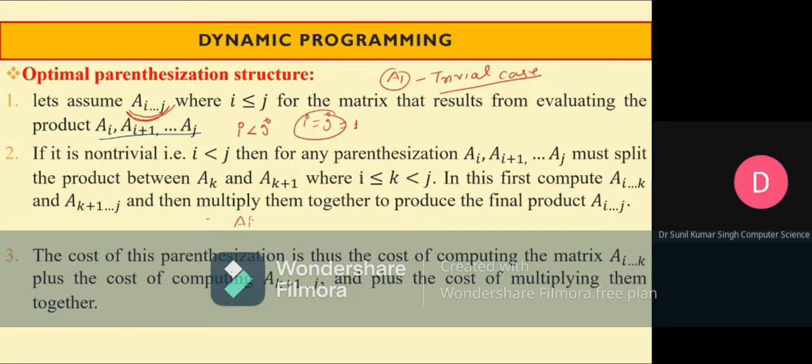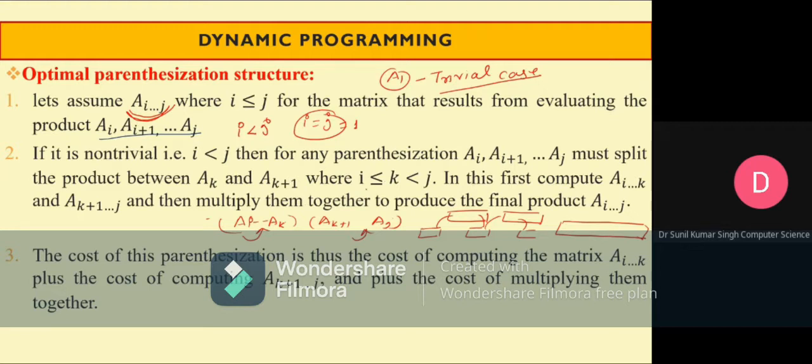Like here Ai to Ak, and then Ak+1 to Aj. Recursively, this concept will be applied for this one also and this one also, and so on. Maybe we will reach a level where the subproblems are very easy to compute, and then using these we will be able to solve bigger subproblems, and after finding these solutions we will be able to find the solution of the original problem.